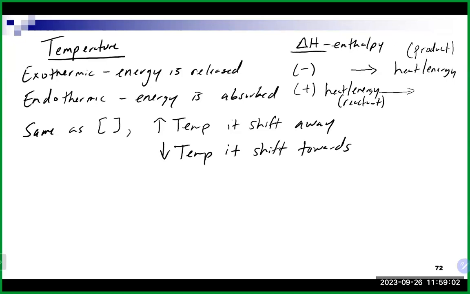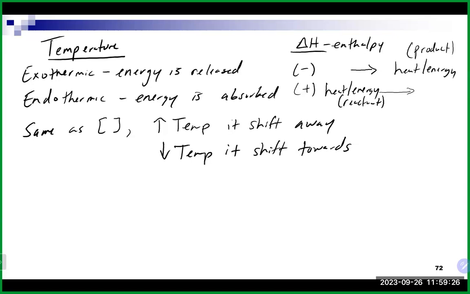If you throw everything on ice, in an exothermic reaction, it'll be like removing products. So we would expect the reaction to shift towards the product side. So when you're dealing with temperature, the first thing you want to determine is whether it's exothermic or endothermic. And again, it's treated the same as concentration. If you add, it goes away.